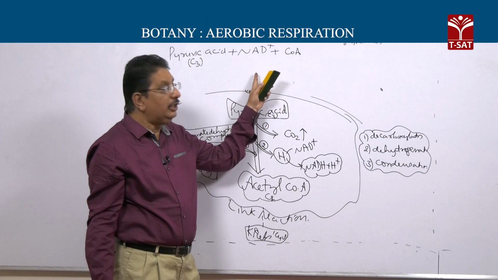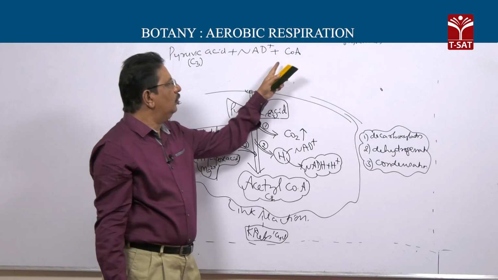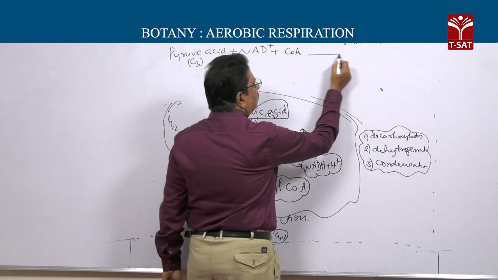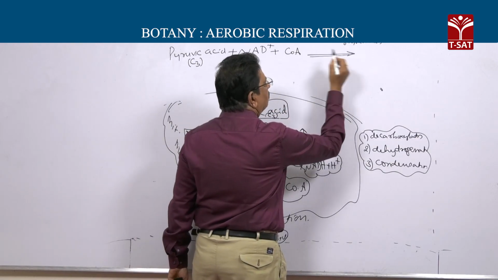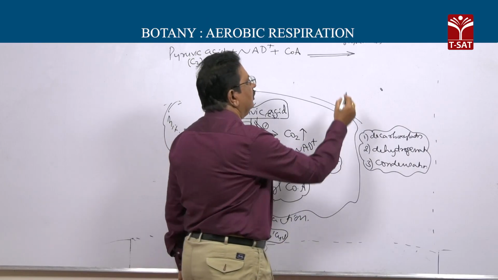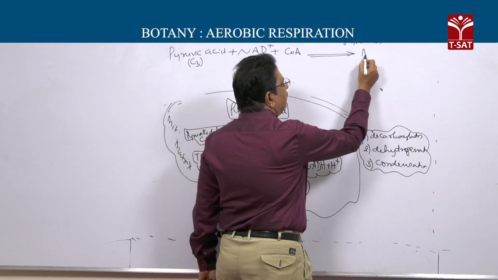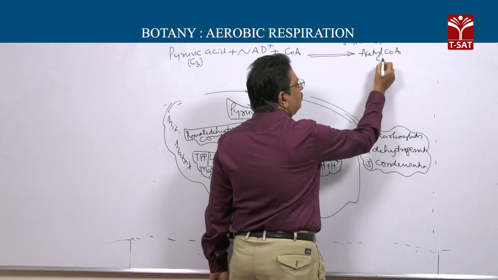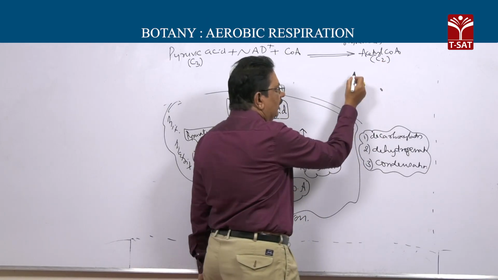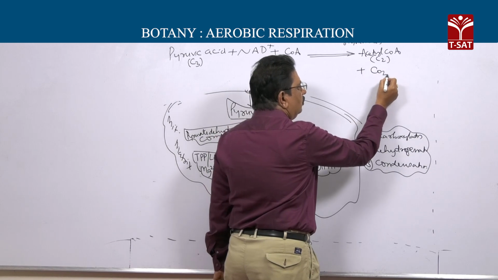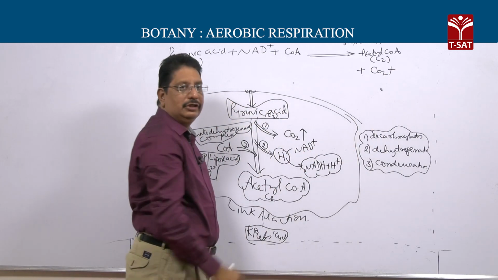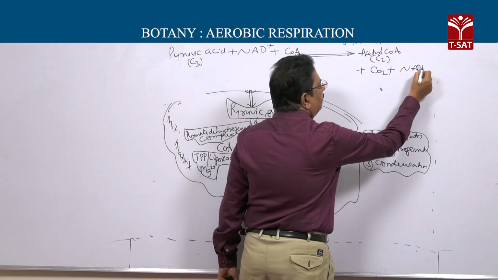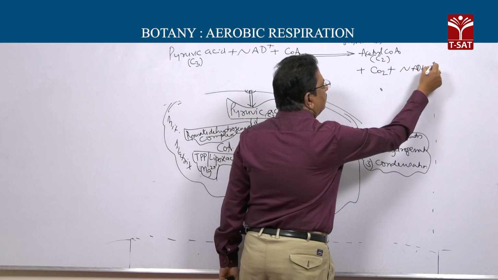NAD plus is a hydrogen acceptor, and coenzyme A, another cofactor. So this undergoes conversion into acetyl coenzyme A, which is a C2 compound, plus CO2, CO2 is liberated, plus NADH plus H plus.